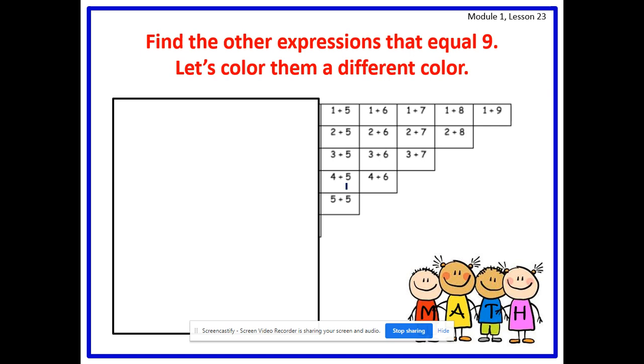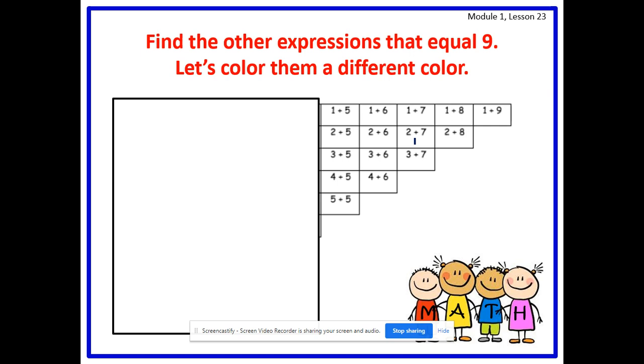Let's find the other expressions that equal 9, and then we will color them red. Ready? So since our totals for 10 went like a staircase, let's follow the same pattern. Point to 3 plus 6. What's 3 plus 6? Get ready. 9. Point to 2 plus 7.